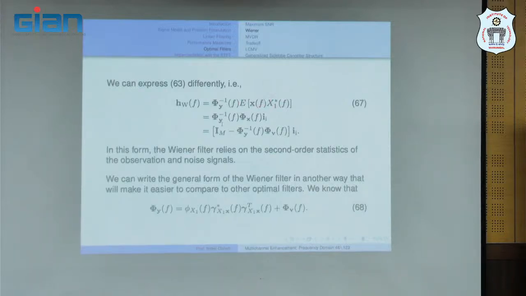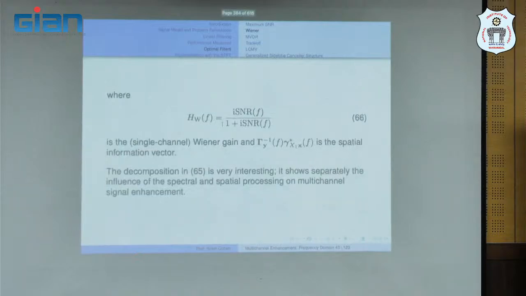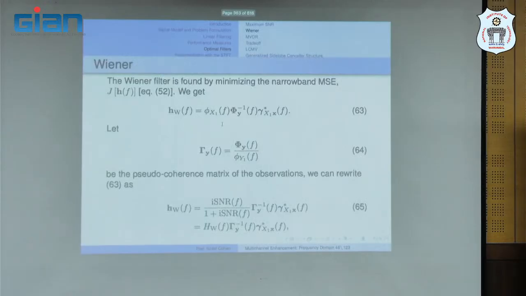So what we did here, you see, we can write that instead of this, it is a complex conjugate, so it looks like that. Okay. If I write it H Wiener F, we can write it as phi x1 F. Okay, I will go backwards.